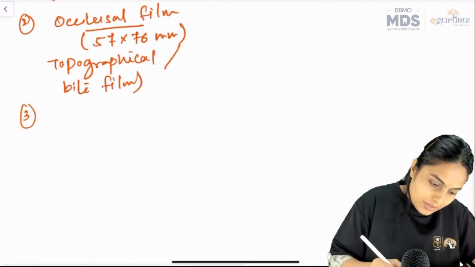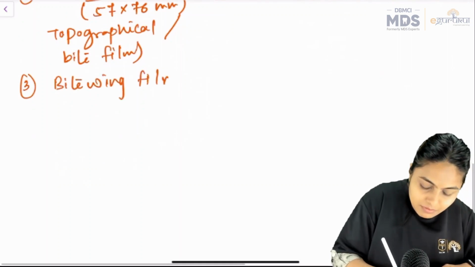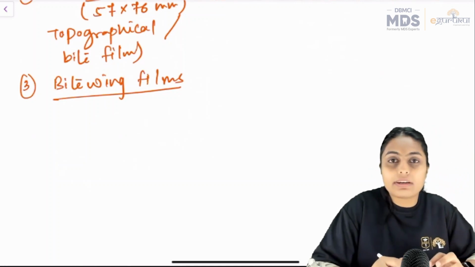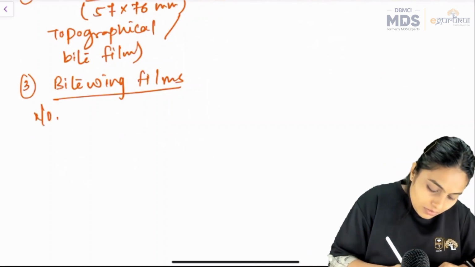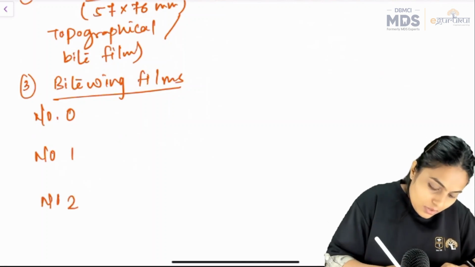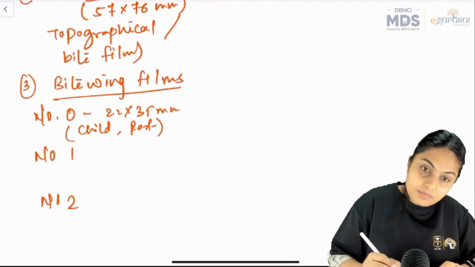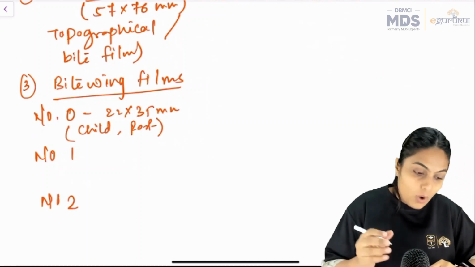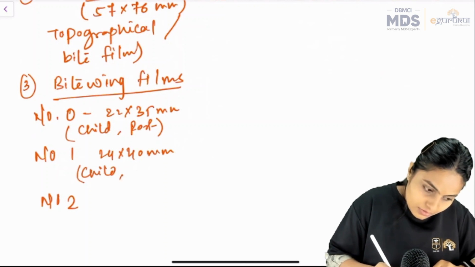The third one which we have is bite wing films. Bite wing films are basically used to detect proximal caries. The size also differs, number 0, number 1, number 2 and number 3. Number 0 is 22 into 35 mm, for children, posterior region. Then you have number 1 film, which is 24 into 40 mm, for child, anterior region.